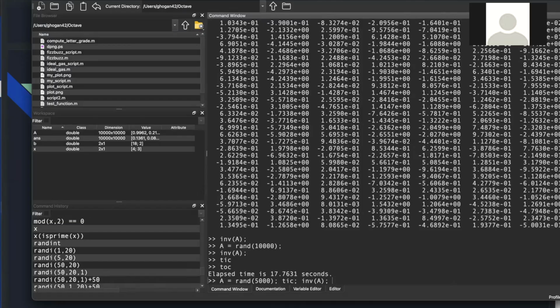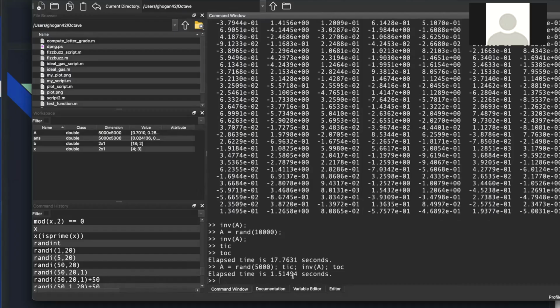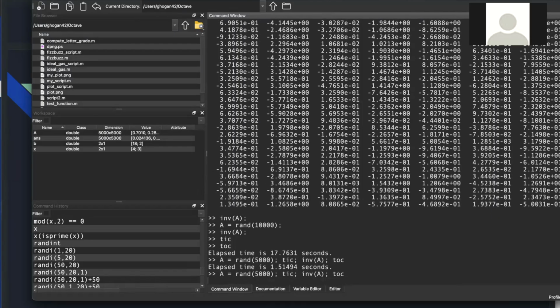And then when we're done, I'm going to do a toc. So I can type this all in one line. It's going to create a random 5,000 by 5,000 matrix, start a clock, find the inverse of the matrix, and stop the clock. That way we'll see how long it took to invert the matrix. So if I hit enter now, it took 1.5 seconds.